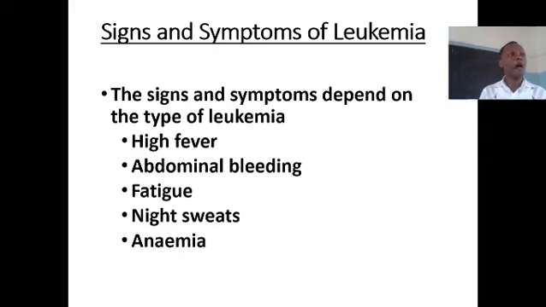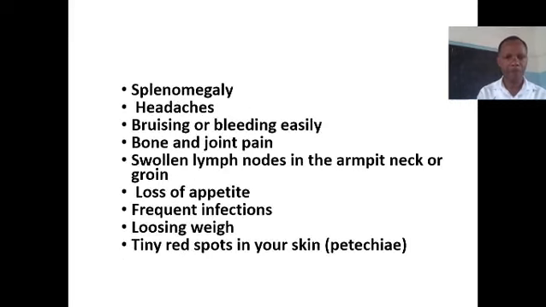Sasa baada ya hapo, kitakachotokea ni mgonjwa anaanza kupresent signs and symptoms of leukemia. The signs and symptoms depend on the type of leukemia. Kama tulivyoona kwenye hiyo diagram hapo juu, kwamba high fever inakuwepo, abnormal bleeding, fatigue, night sweats and anemia.